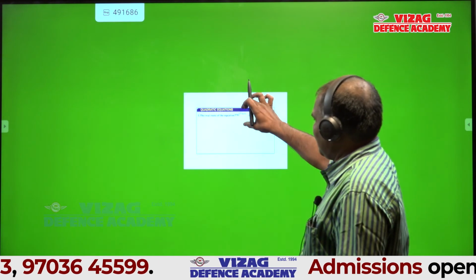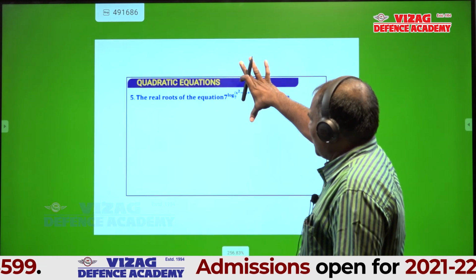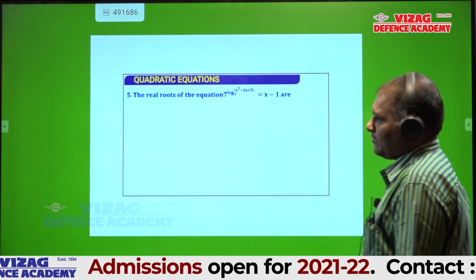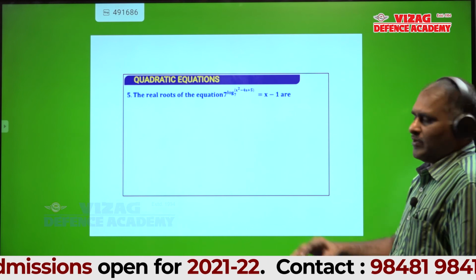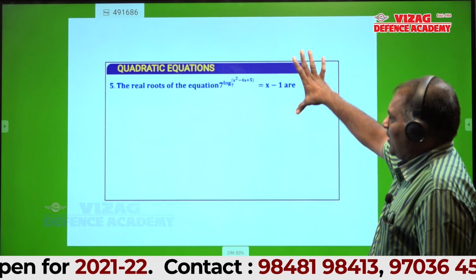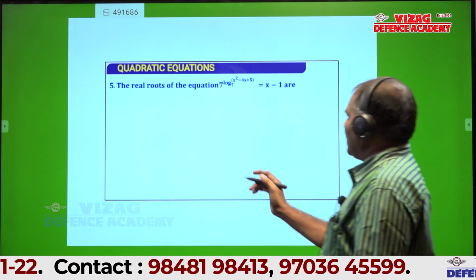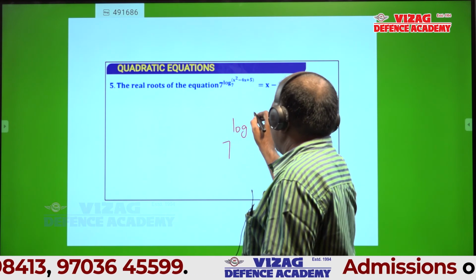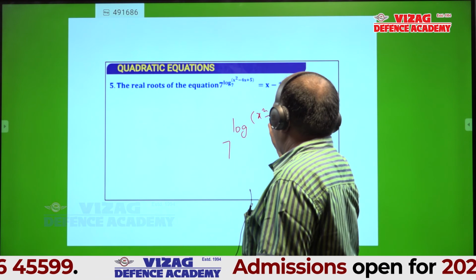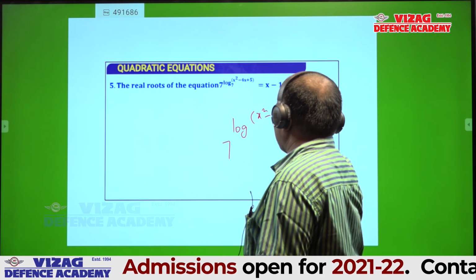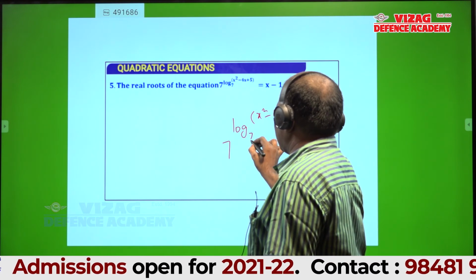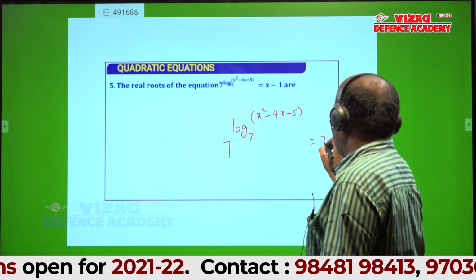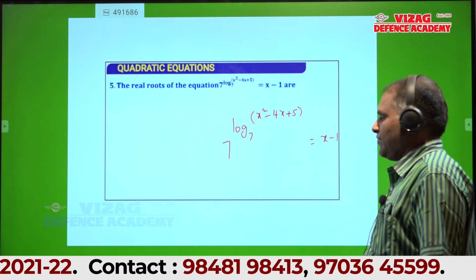Next. Find the real roots of the equation 7 power log of x square minus 4x plus 5 to base 7 is equal to x minus 1.